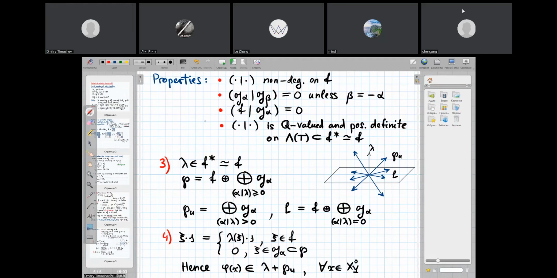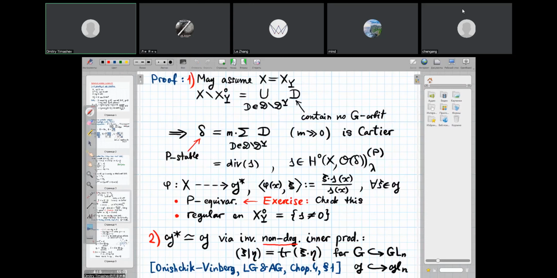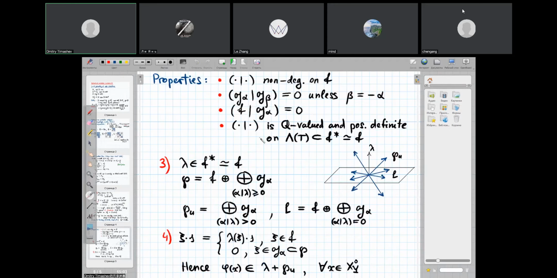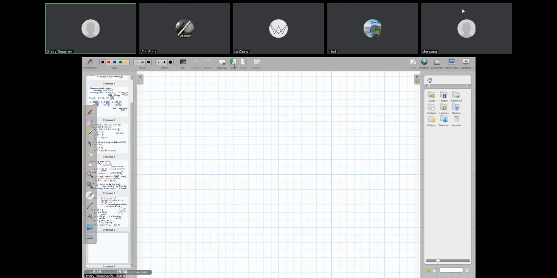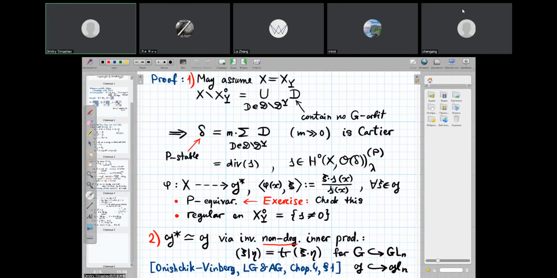This stems from what was written before. Let me look at the previous page. How do we define this phi of x? It is a linear function in psi given by the following formula. Now, if psi belongs to a root subspace in P, then this value will be 0. So the numerator will be 0.